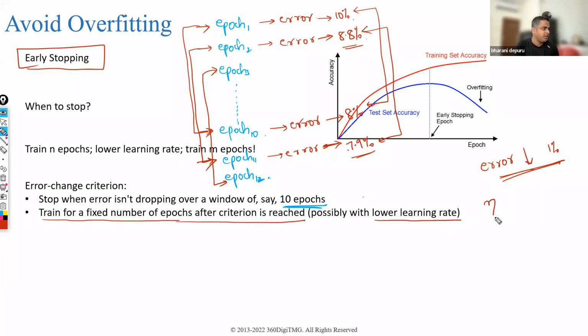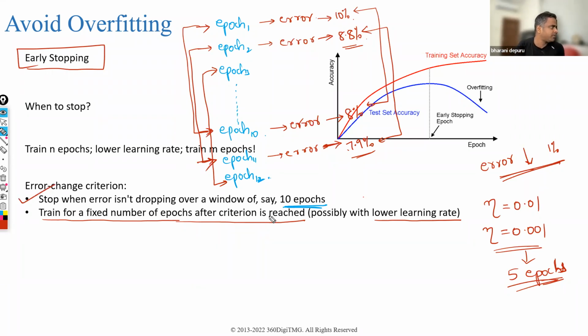So you'll have some meta value, right? If you have chosen the default value as 0.01, maybe you'll reduce it to 0.001 and run it for another, say, 5 epochs. And after 5 epochs, you stop. This is an optional thing, okay?